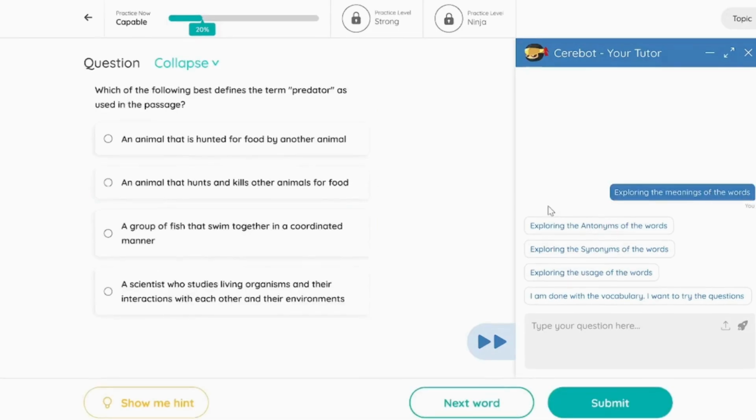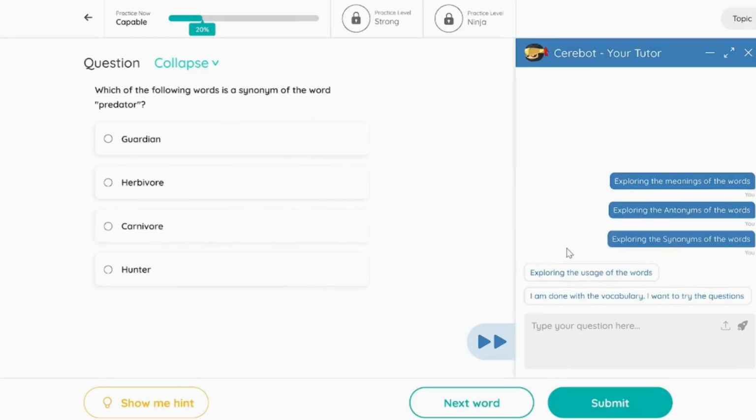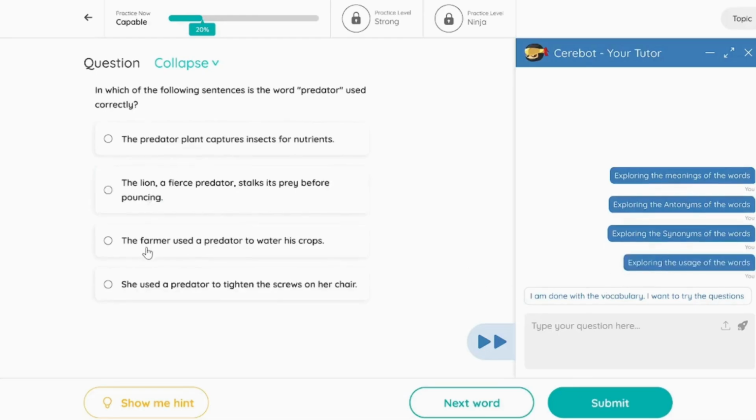Let me explore the meaning of this word. The antonym of the word, synonym of the word, and the usage of the word.